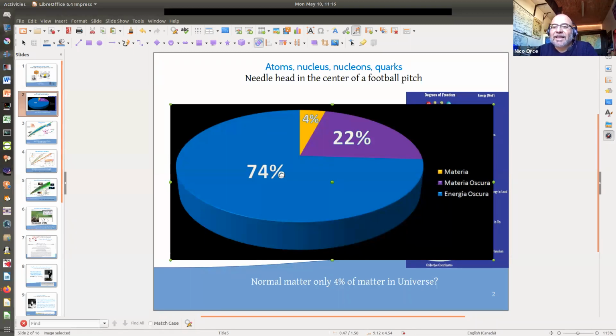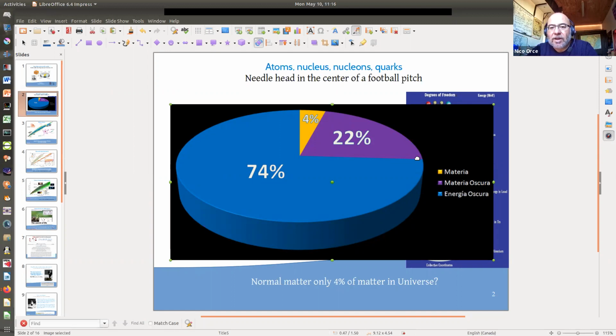So this is the summary. This is our 4%, what we see around us, the matter that we know. But from astronomical observations, we need to see why there are some stars which are far away from the galactic center, and they move as fast as those closer to the galactic center.